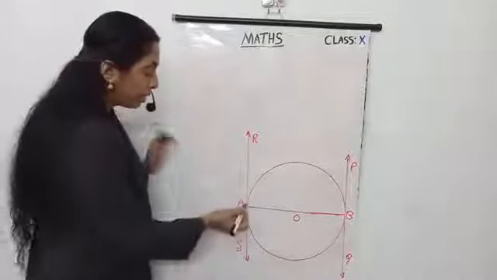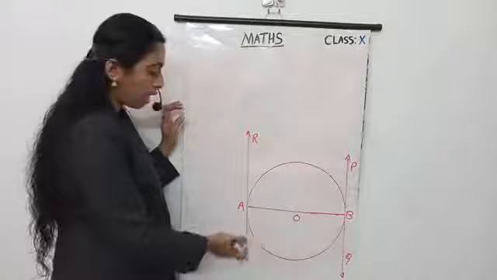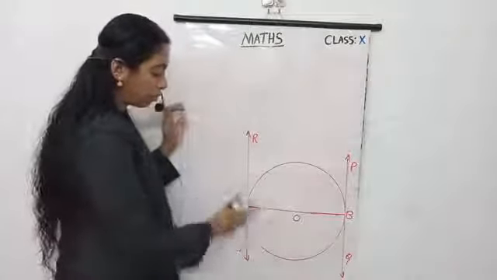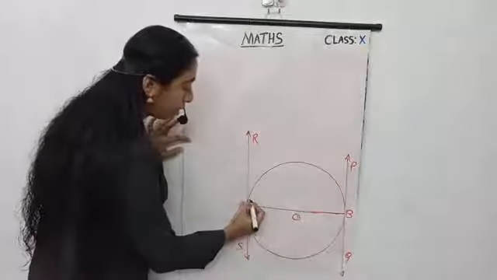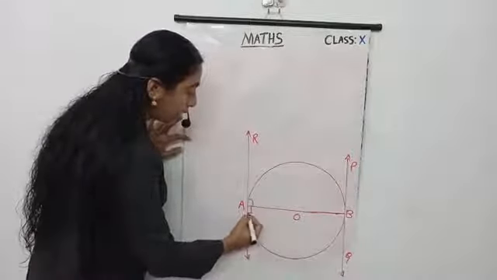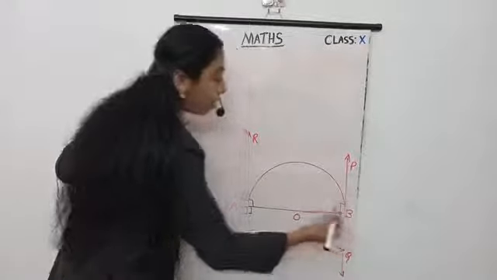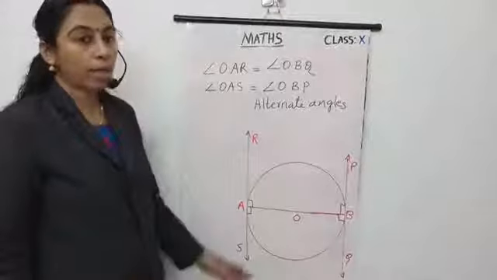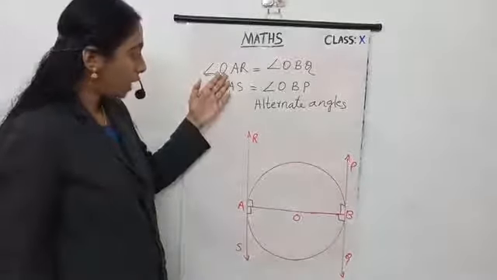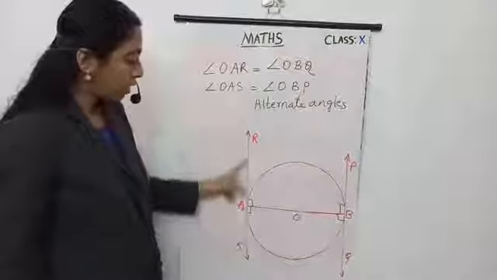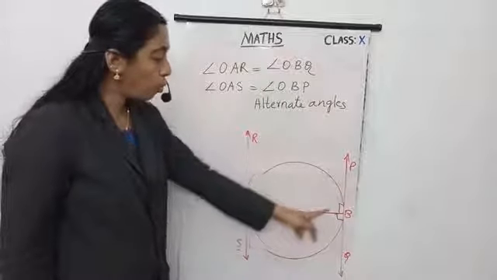Now RS and PQ are drawn at the ends of a diameter. That means the diameter is perpendicular to the tangent. This AB is perpendicular to RS and AB is also perpendicular to PQ. That means this angle is 90 degrees, this angle also 90 degrees, and this angle 90 degrees, this angle also 90 degrees. Now consider the alternate angles. Angle OAR is equal to angle OBQ.